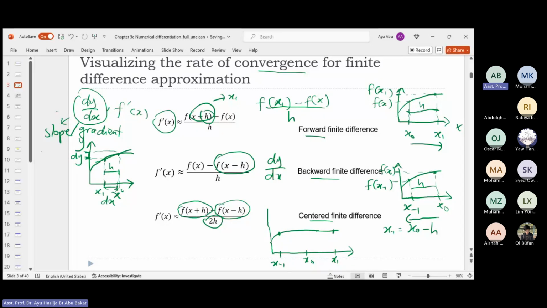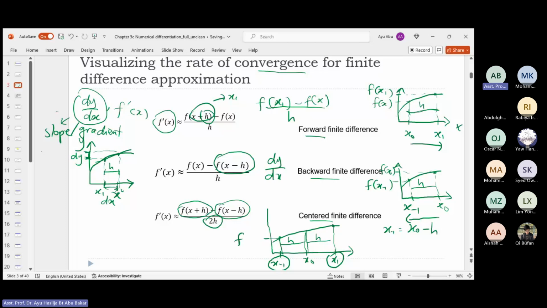Imagine the secant line, and let's see the dy. For centered you have 2h over here. This is your h, and another one is also the h. Centered is between the forward and backward points.